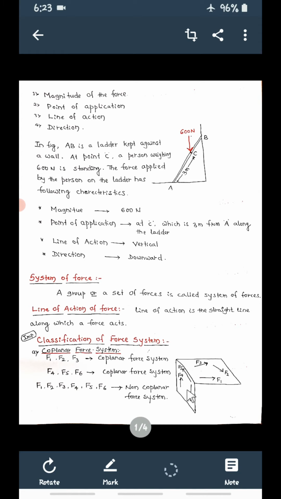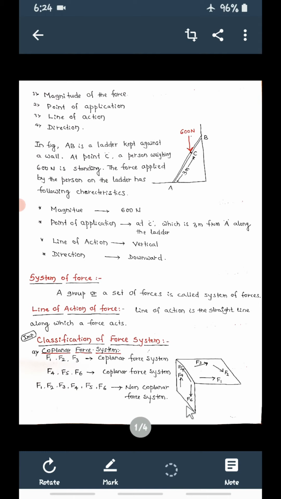So if you consider only these three forces, yes, they are a coplanar force system. If you consider all the six, I can say these are not coplanar, these are a non-coplanar force system, because they are acting in different planes.